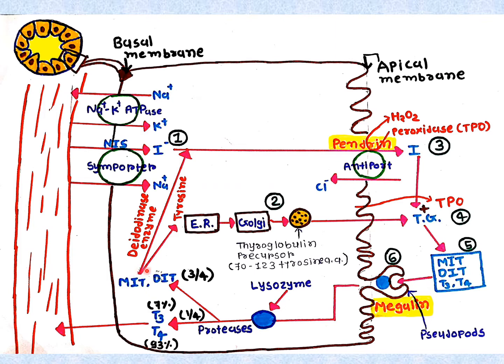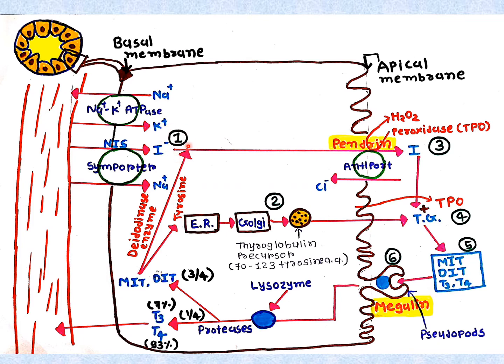And this tyrosine amino acid comes to the endoplasmic reticulum for the synthesis of the thyroglobulin precursor. So in short, the cycle gets complete.